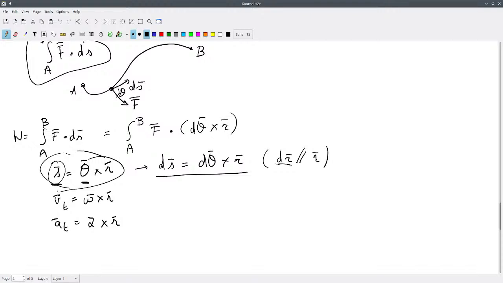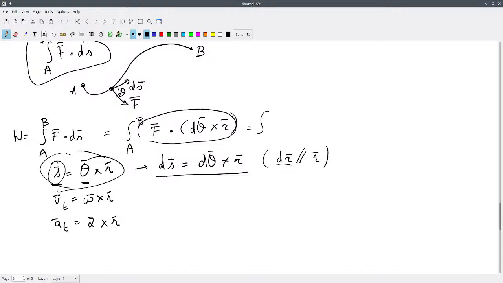And I imagine you can see where this is going. I'm now going to use the fact that I can rearrange these terms in this triple product. If you've not seen the triple product, no worries. But if you have, you know I can rearrange these terms without introducing any change.